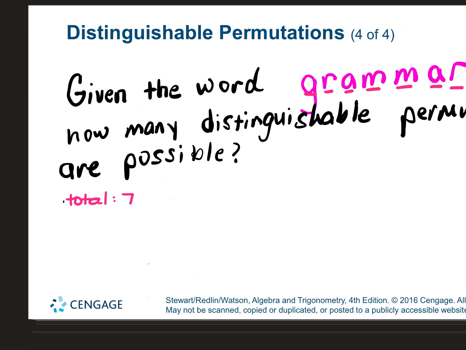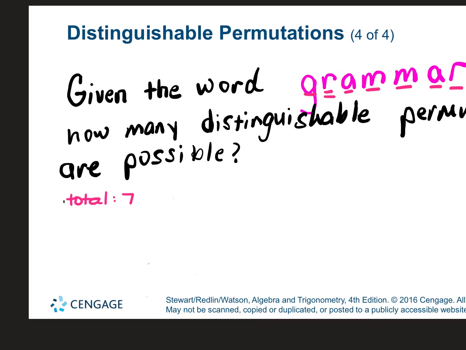Now you have letters that repeat themselves. That R repeats itself twice, so there are 2 R's. The A repeats itself twice. And your M repeats itself twice.